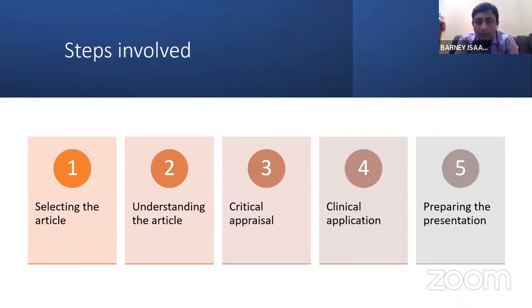We need to understand what that article is, which is more like reading the article. The third step is very crucial, which is the critical appraisal. Then we need to clinically apply the outcome of the critical appraisal. And then, if it's for a journal club, we need to prepare the presentation as well.